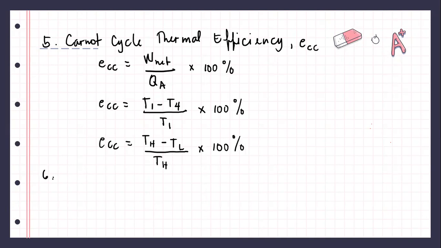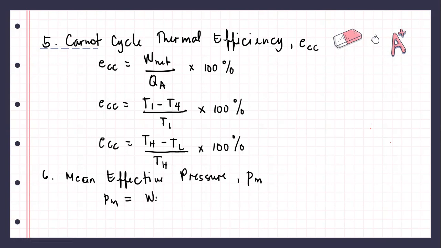Number 6, mean effective pressure, which is P sub M. P sub M is equal to network over VD.